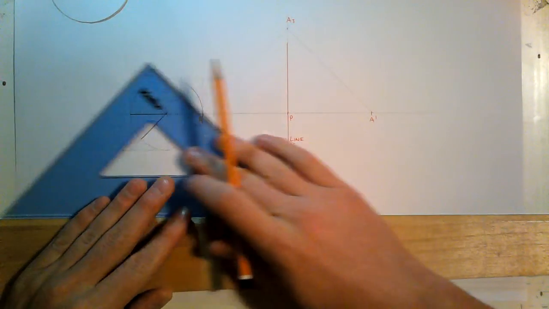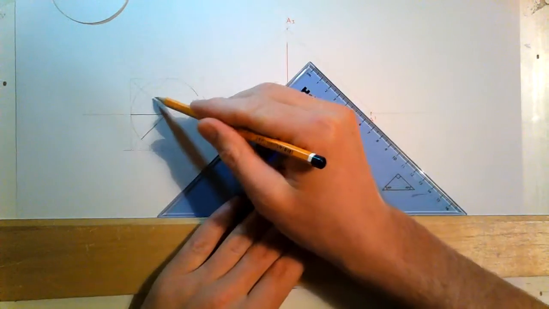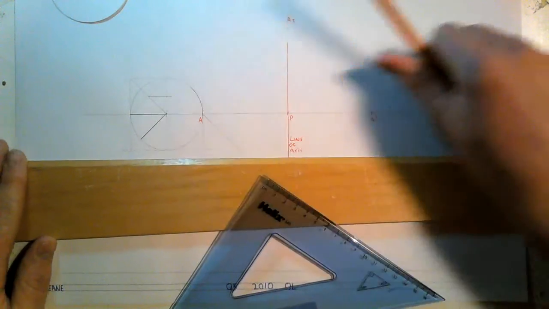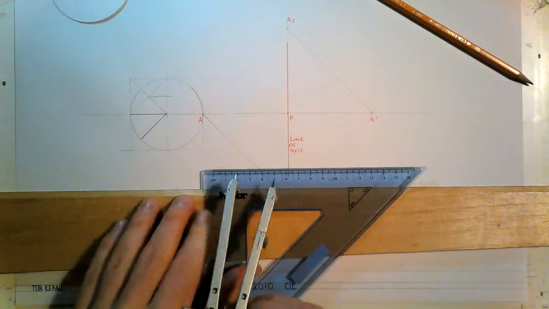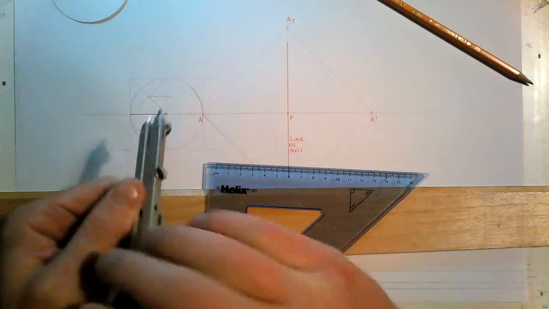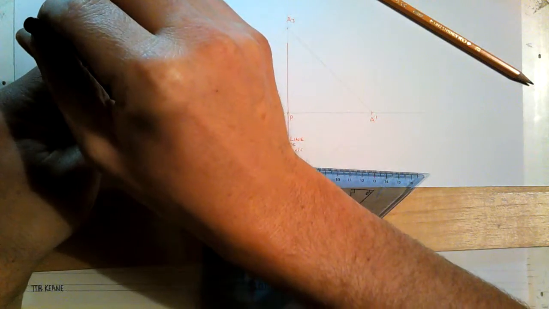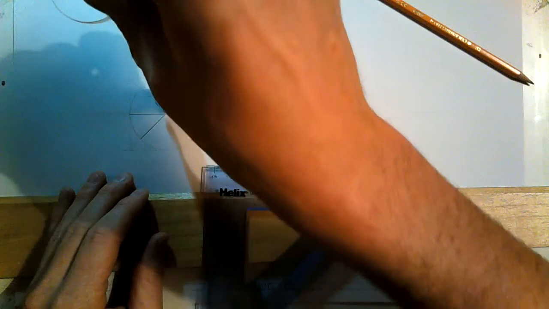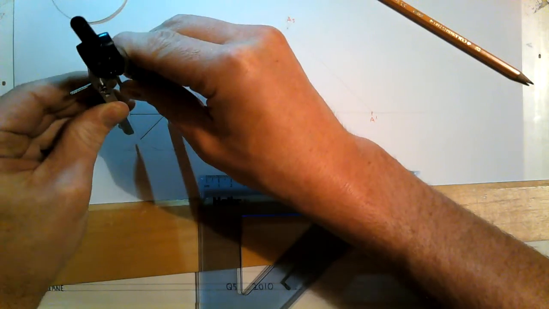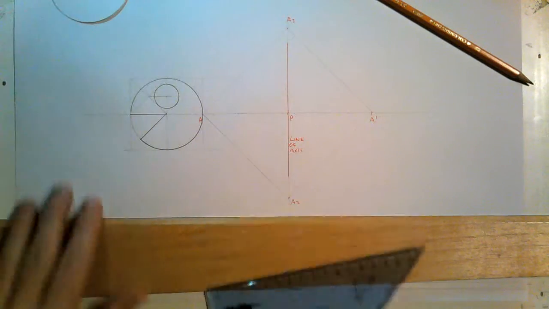Where these two intersect, it gives us a height, and that height across until it hits the center line is the center of our eye, and our eye is radius 10. So there's our logo.